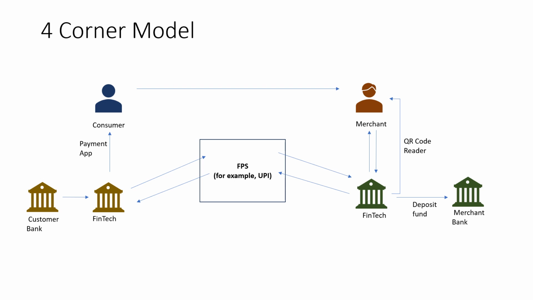For example, Paytm, PhonePe, and Google Pay in India, and similarly Alipay and Tencent in China, they provide payment apps to the consumers, and they also provide QR code stickers, QR code soundboxes, and QR code point of sale machines especially to micro and small merchants to accept the payment.